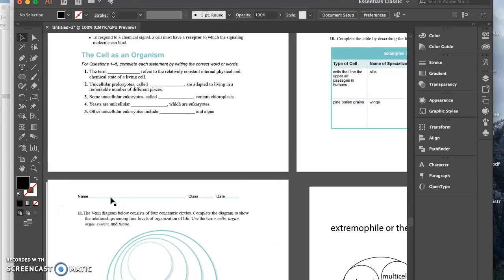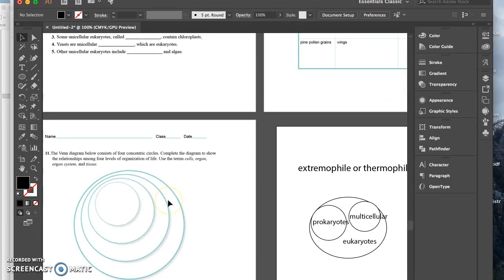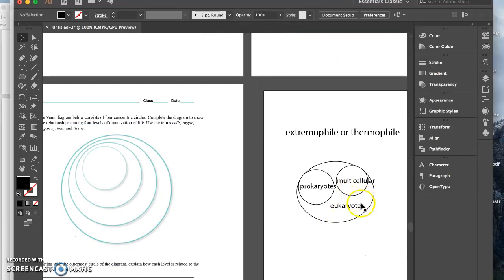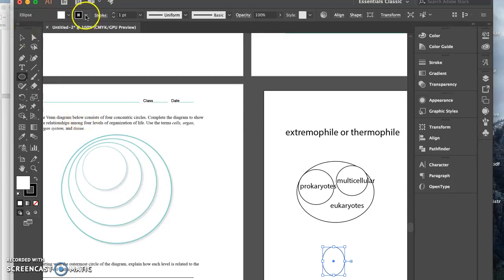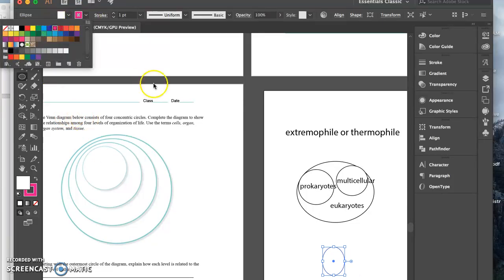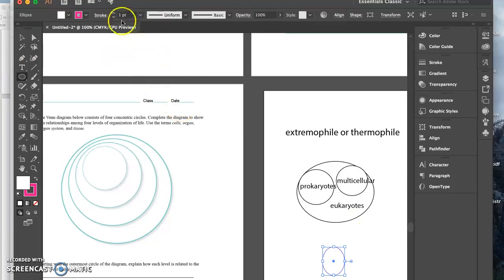Let's go back to here. So yeasts are one of those groups, and all yeast are eukaryotes, but some are multicellular and some are not. So let's draw that circle, and we'll make it a pink outline just so you can see that. So this circle would represent the yeasts. They're all eukaryotes.